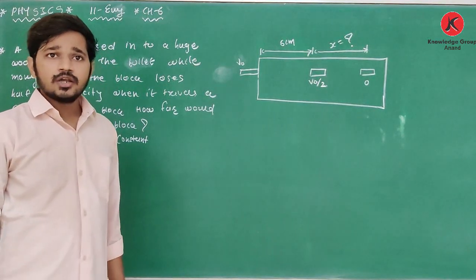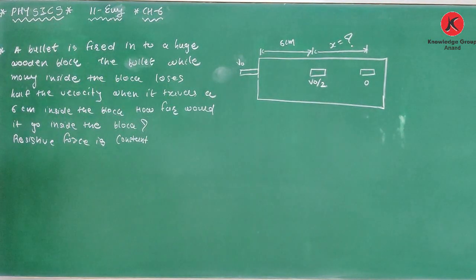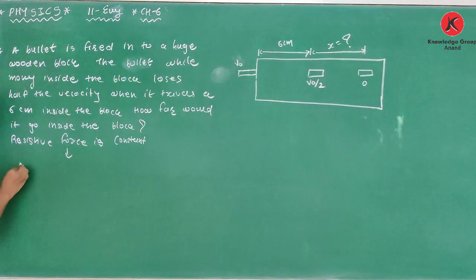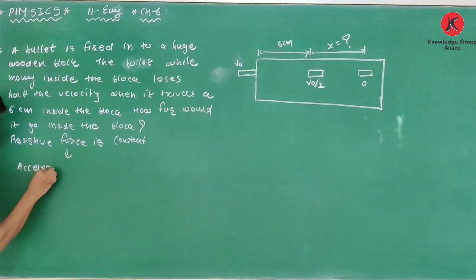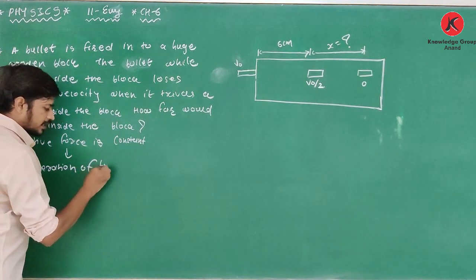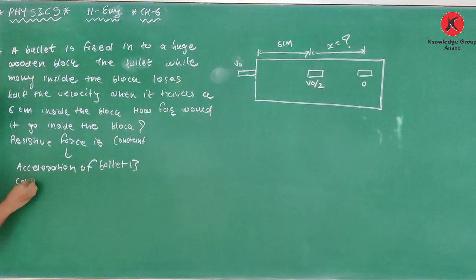Clear about this? Okay. So here you are also given that resistive force is constant. It means the acceleration of the bullet is constant.